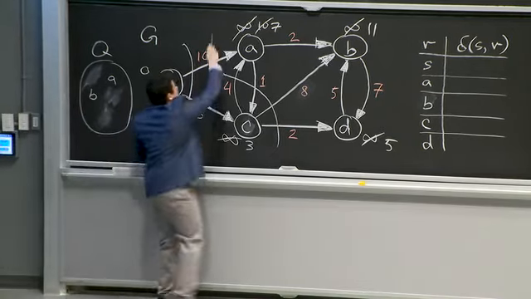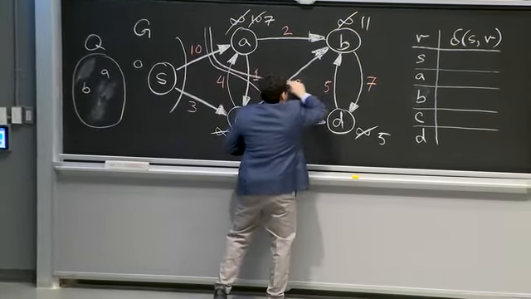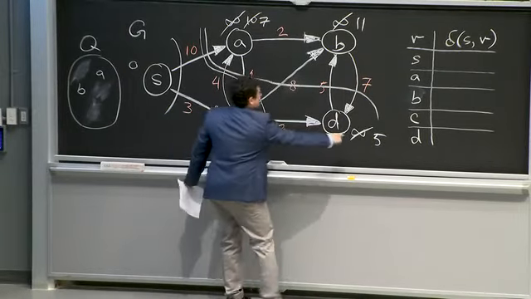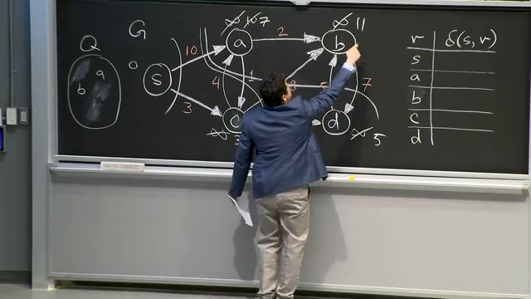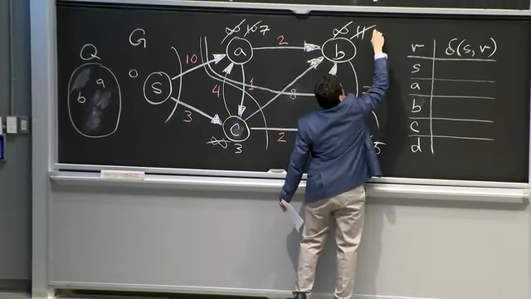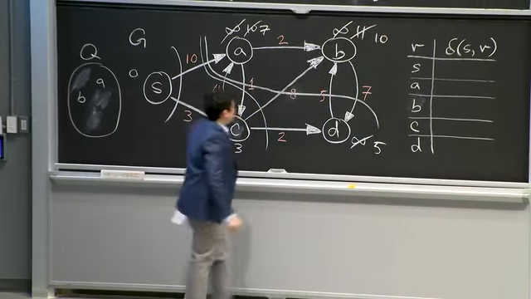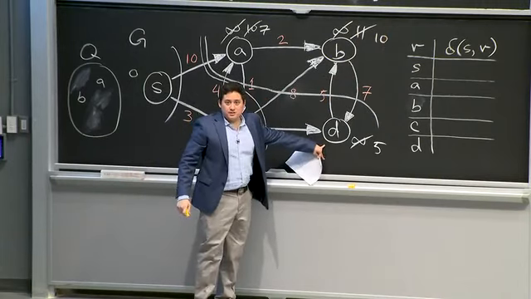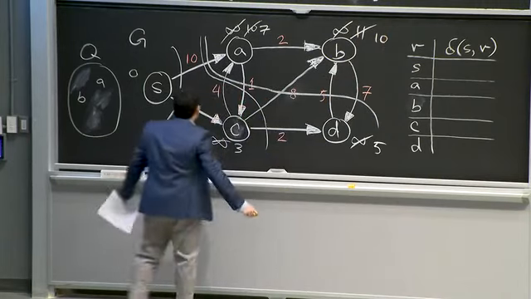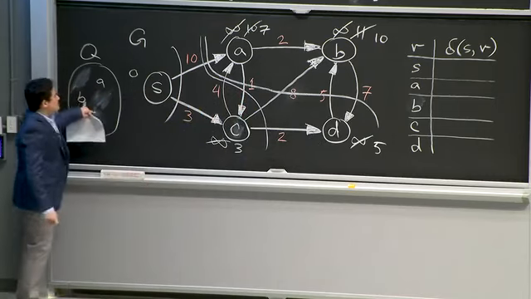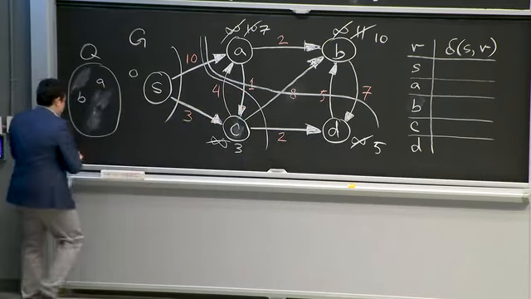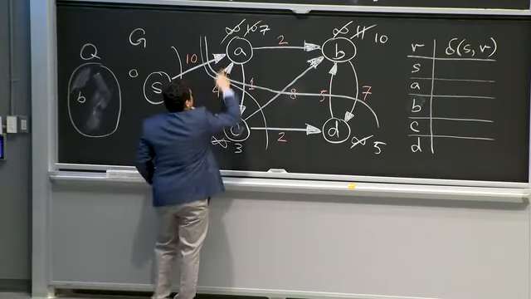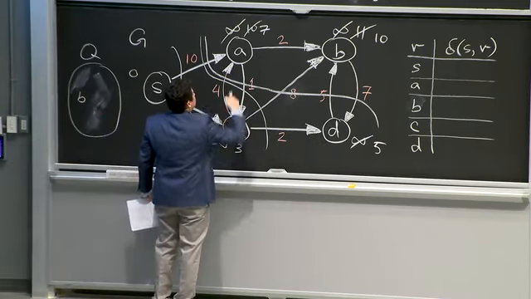And now my boundary looks something like this. Okay? I relax edges out of it. 5 plus 5, that's 10. 10 is smaller than 11, so that's a 10. And that's the only outgoing edge from D. So I'm done. Okay? And then the last, 7 is smaller than 10. I relax edges out of A, right?